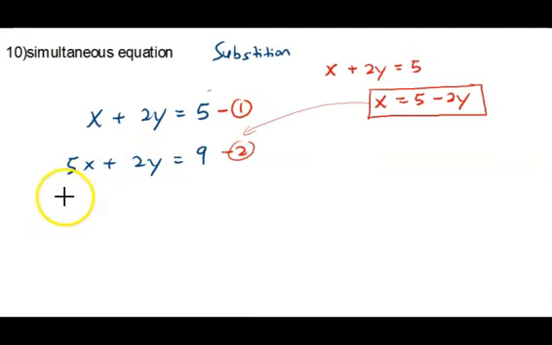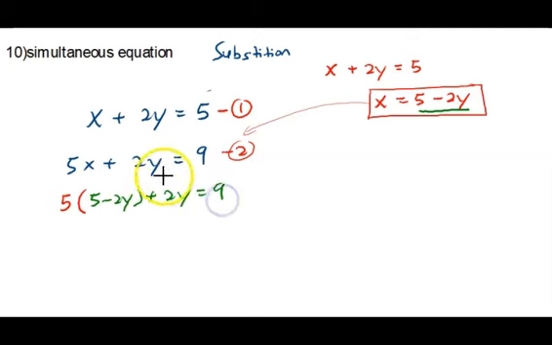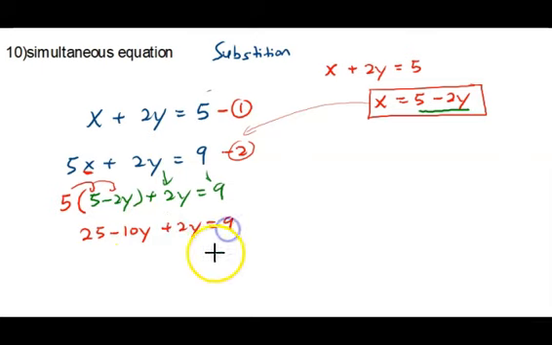So now we are going to substitute here x. What is your x? Your x is 5 minus 2y. 5 minus 2y, plus 2y equals 9. The rest is all the same except for this. Okay, we are going to substitute the x value. Now we are going to multiply. So here we got 5 minus 10y plus 2y equals 9.